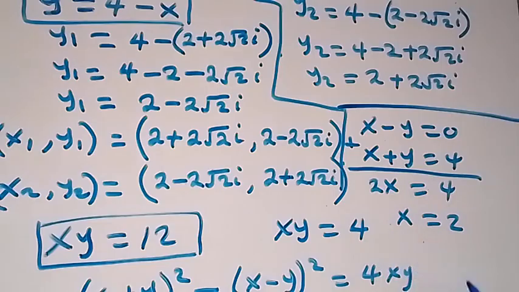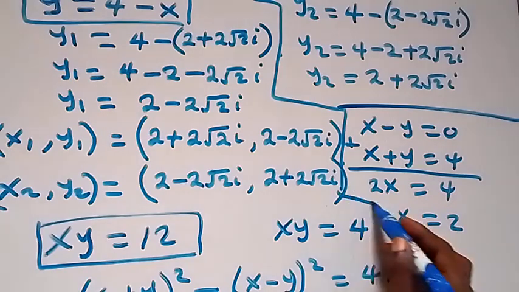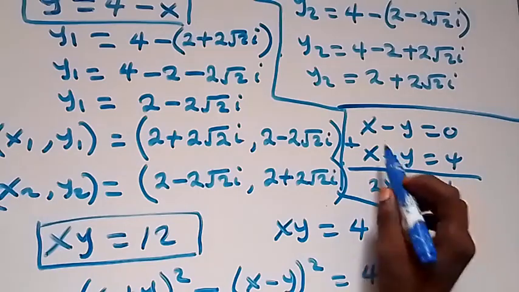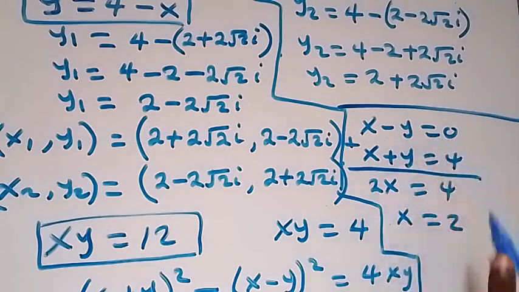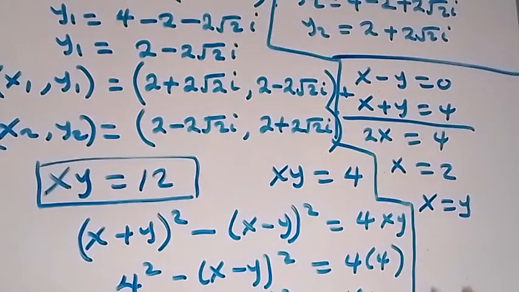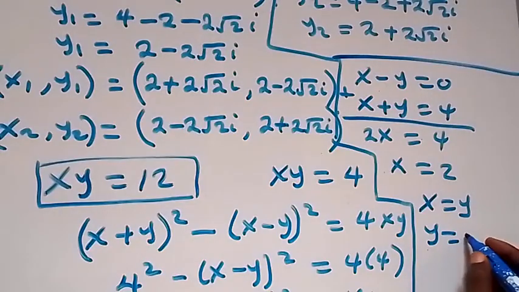And if x equals to 2, we can also solve for y using the relation y equals to, okay, we can even use here the first one here, that is x minus y equals to 0. If x minus y equals to 0, it means x equals to y. And since x is 2, it implies that y is also equals to 2 from here.